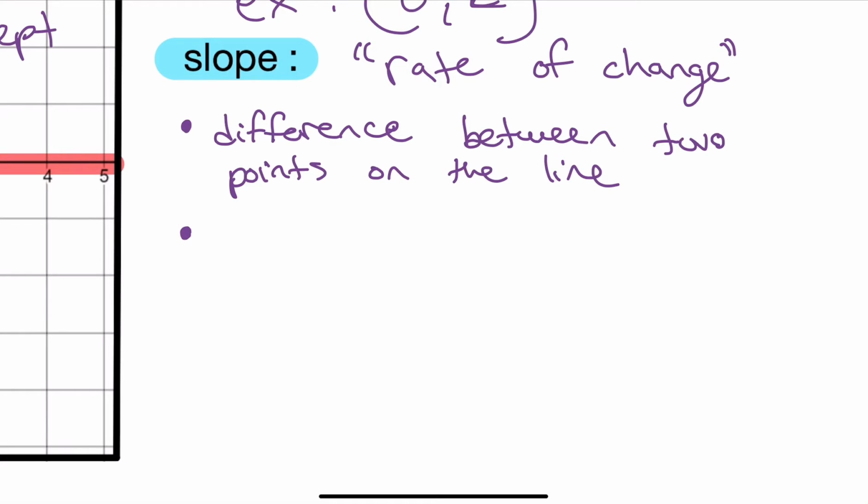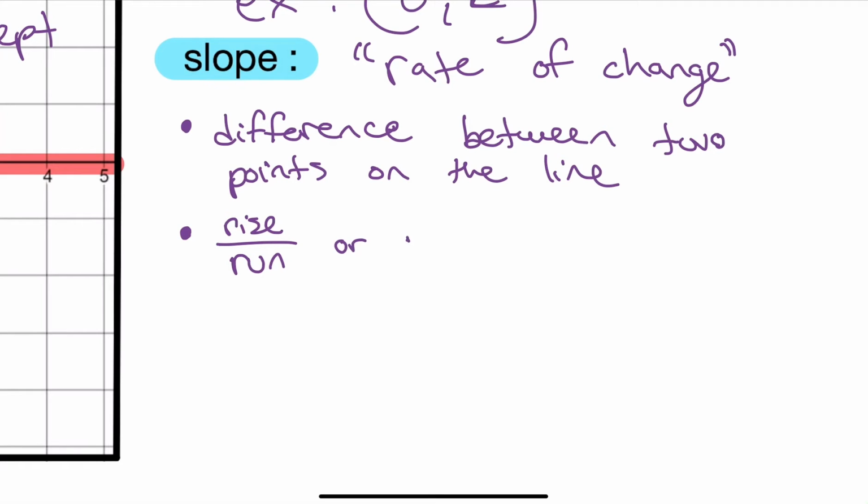Okay. Another way that we talked about this probably in 7th and 8th grade was rise over run. So that's going to mean to calculate the slope, you're going to need to know how many units it's moved up or down, and then how many it went over. So that's what our rise is, the up and down, our run is the side to side. So let's write that another way.